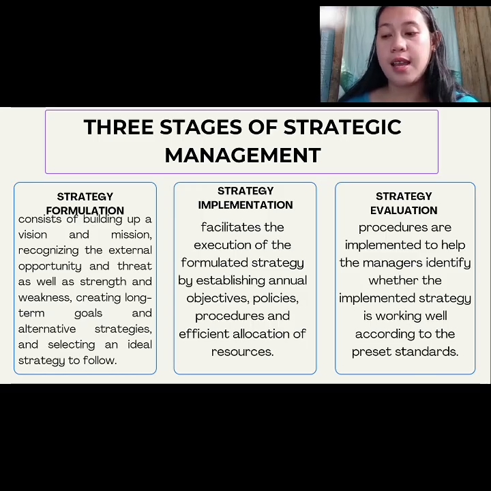And the last is selecting a strategy, choosing the best approach to achieve objectives.